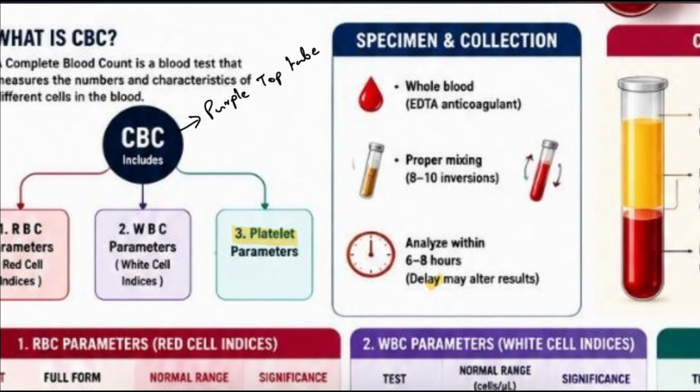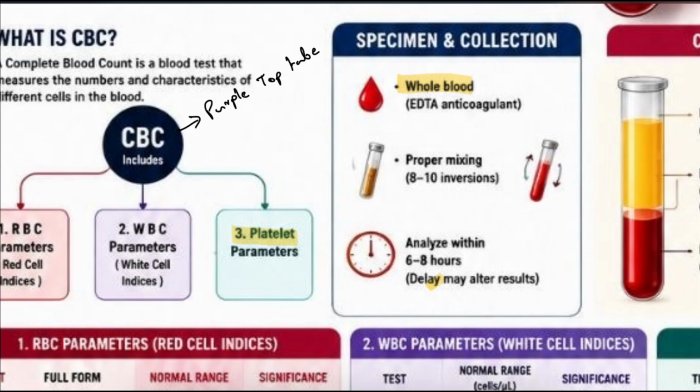Why do we use the purple top tube? It contains EDTA anticoagulant, which is a type of anticoagulant to prevent clotting. The sample should be mixed properly and analyzed within a few hours, and poor handling can alter results. So that's why it's important.